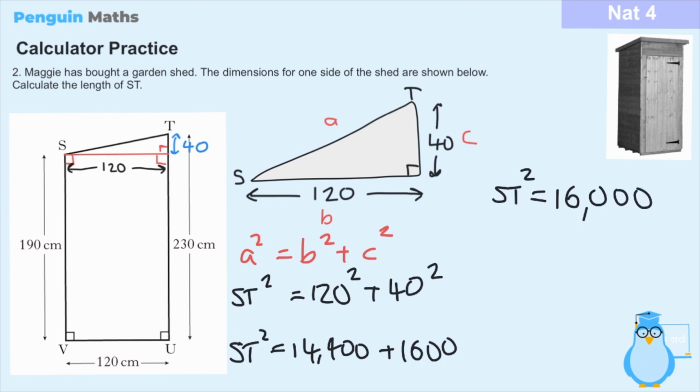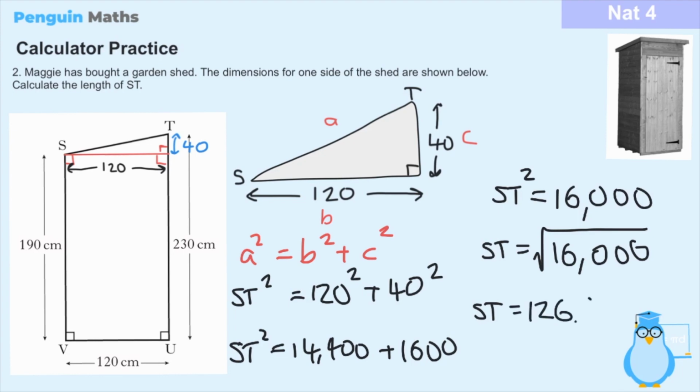And then now that was ST squared, so we have to take the square root of that if we want to just get the length ST. So that would be the square root of 16,000. If we put this into a calculator, we should get an answer roughly equal to 126.5, and don't forget our units, we are working in centimetres.